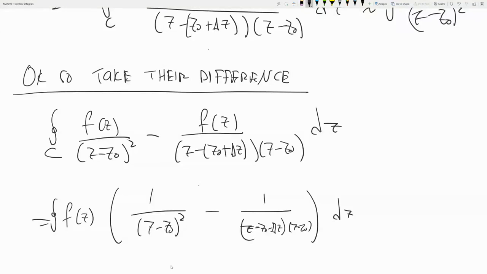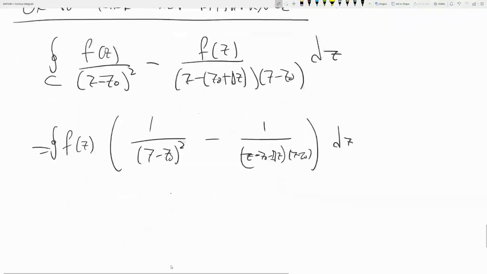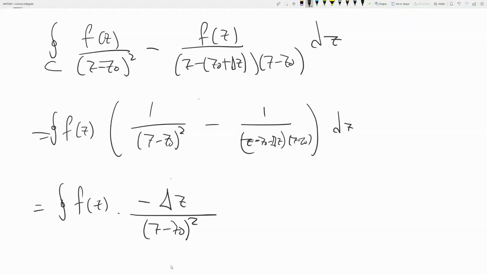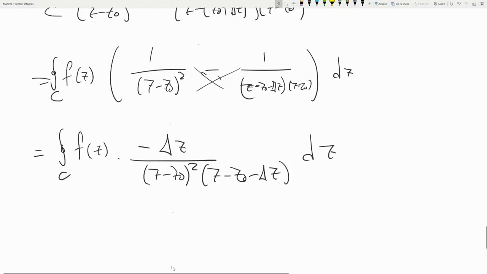Okay, so do common denominator. And same as before, you get minus delta z and this term. So we cross multiply.